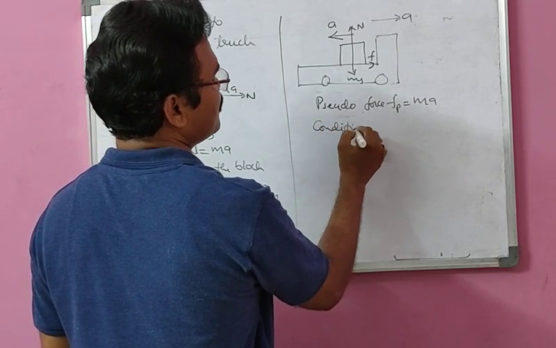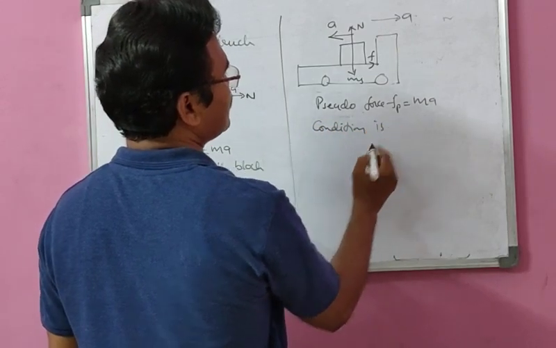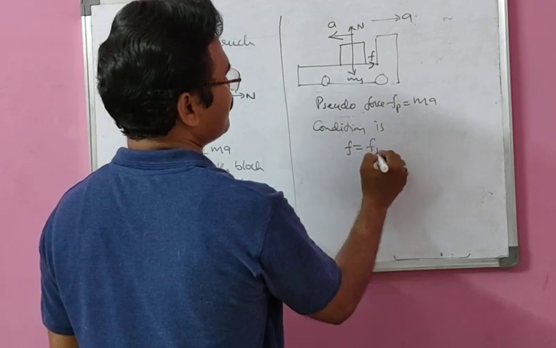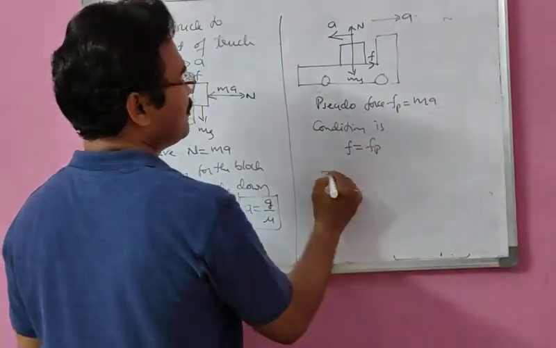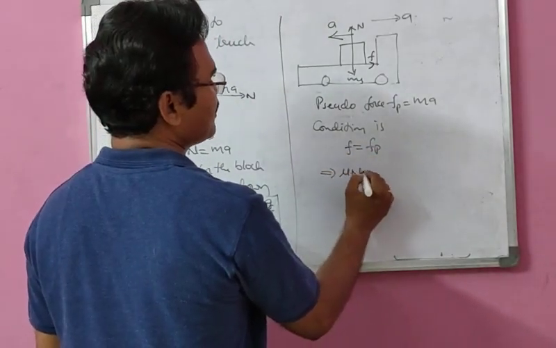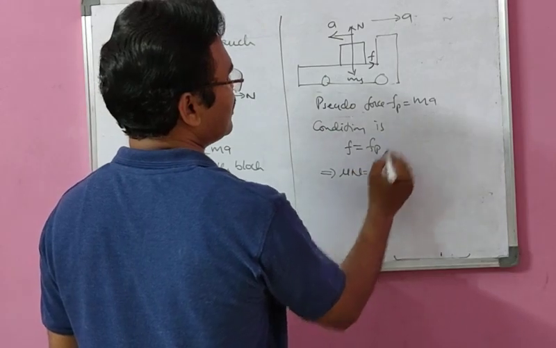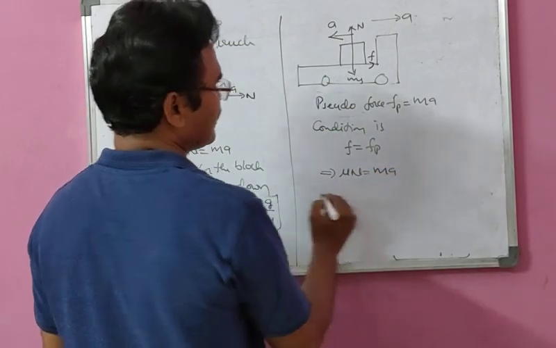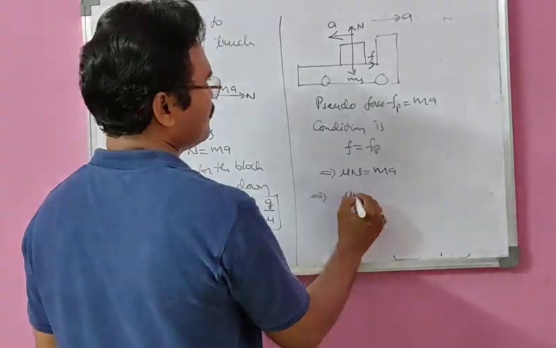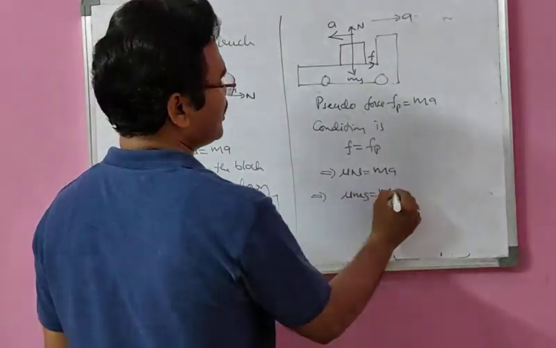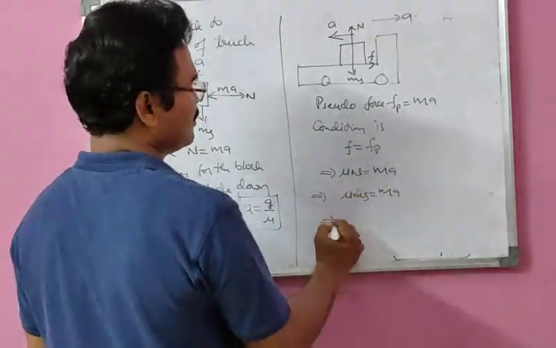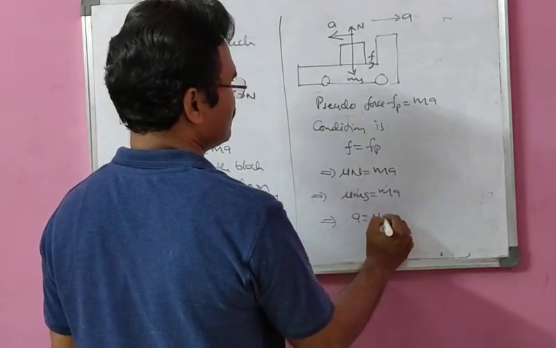The condition not to fall: F must be equal to Fp, and F equals mu N, which equals Fp, that is ma. And mu N means mu mg equals ma. Cancel, we get a equals mu g.